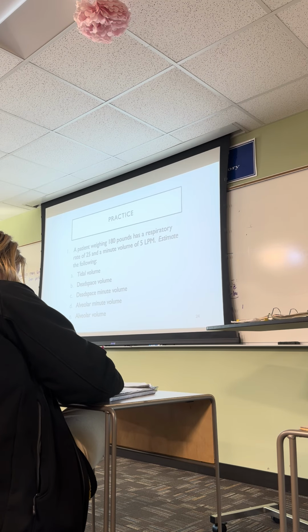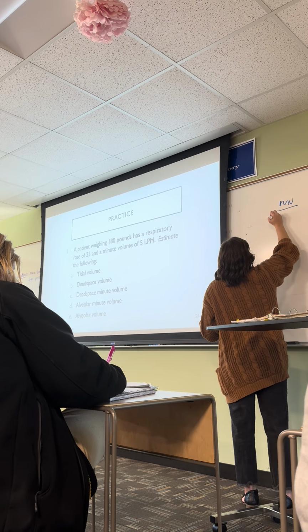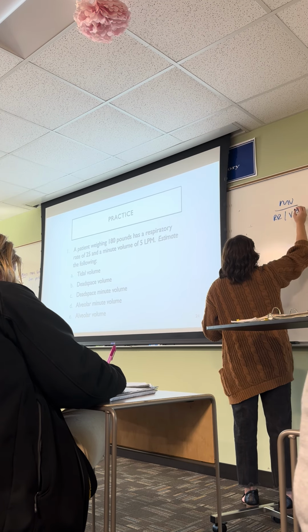So we're gonna estimate the following. Tidal volume, we're using our ladybug, right? MV over respiratory rate. To get my tidal volume, I need my minute ventilation and respiratory rate. Well, you got both. So go ahead and do that equation and tell me what you get.